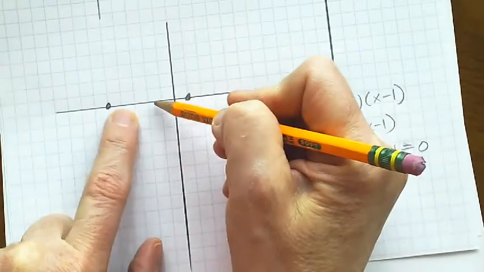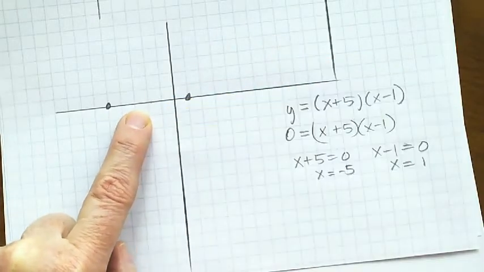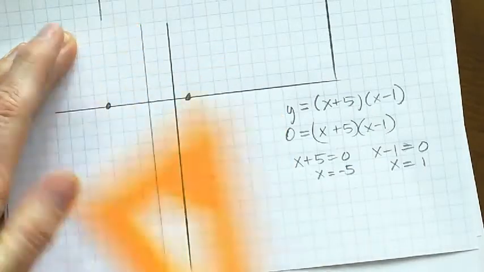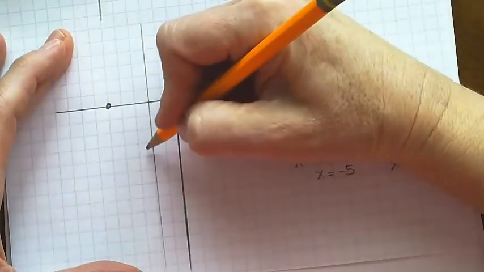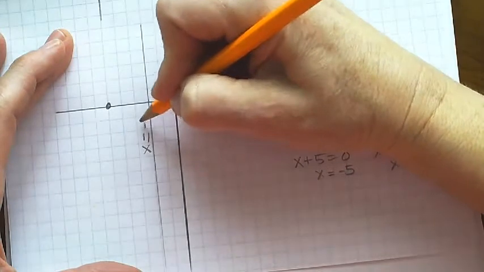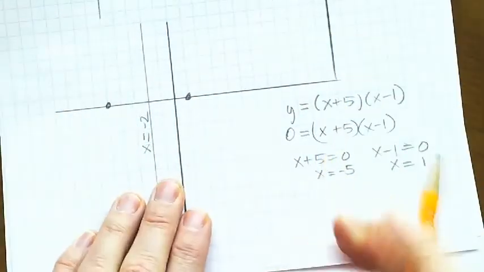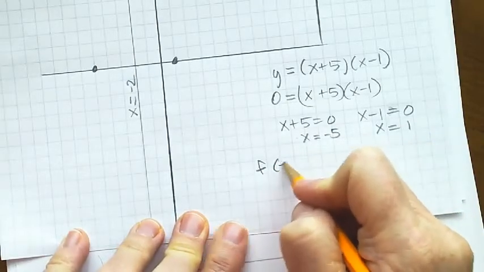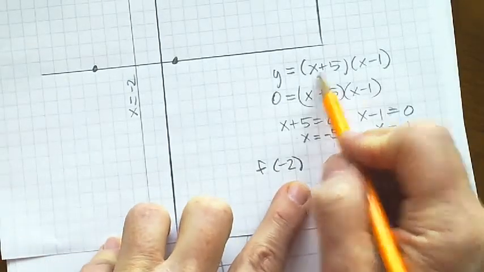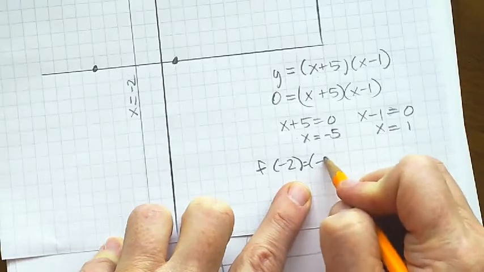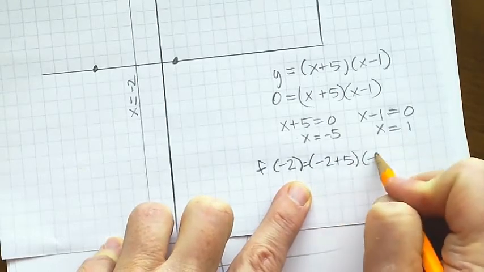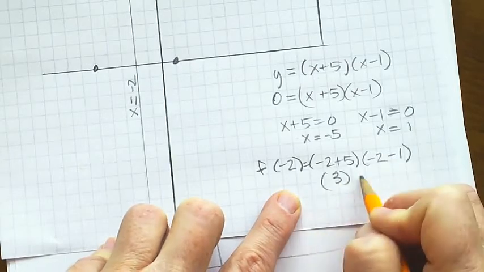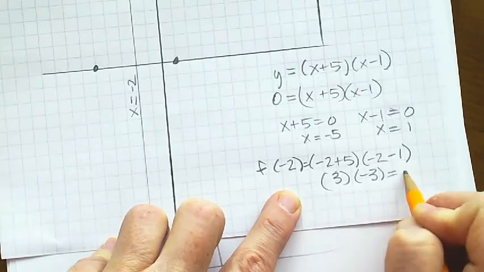So I know my vertex is going to be right in the middle there, and that is the line x equals negative 2. So I'm going to find f of negative 2, plugging in negative 2 for x, so negative 2 plus 5 and negative 2 minus 1, which would give me 3 times negative 3, which would be negative 9.